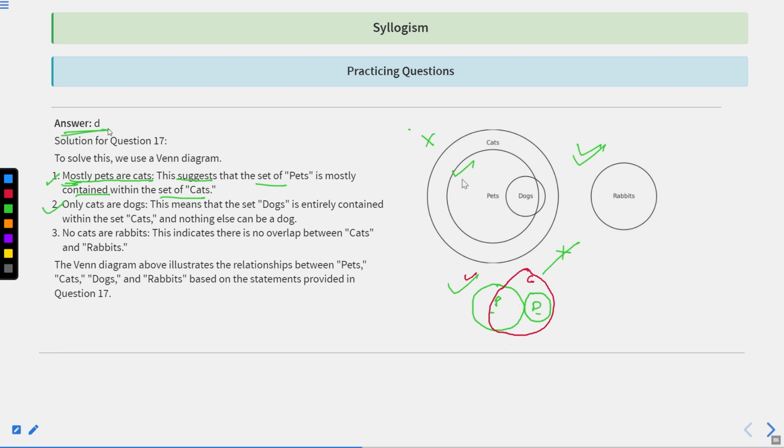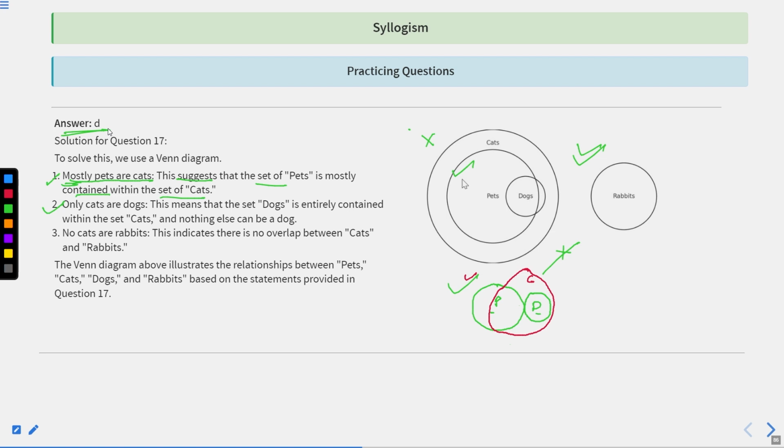So my dear students, I suppose you have enjoyed today's lecture. We have tried to solve numerous questions in relation to syllogism, and we have tried to understand that even the Venn diagrams can be wrong sometimes. But since we know how to draw the Venn diagrams, we are 100% clear on how to draw them, and we can decide whether the conclusion is correct or not based on the Venn diagram.